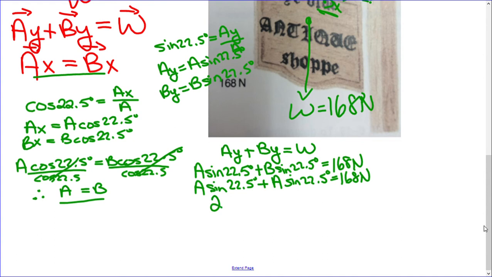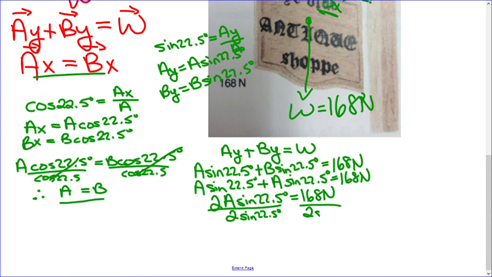So I have 2A sine 22.5 degrees equals 168, which means now I can divide both sides by 2 sine 22.5.